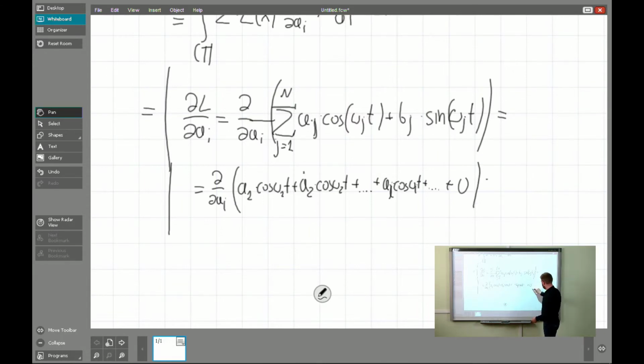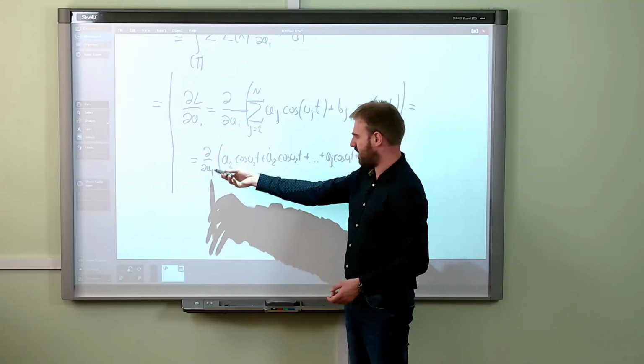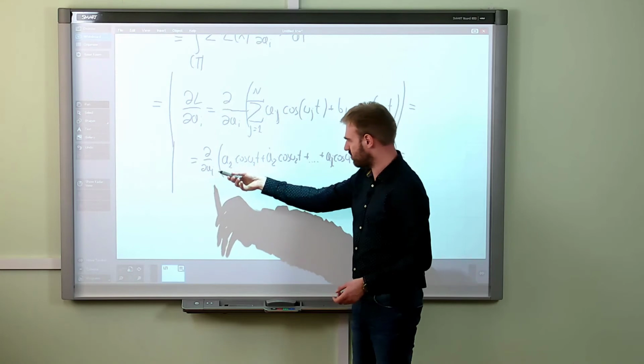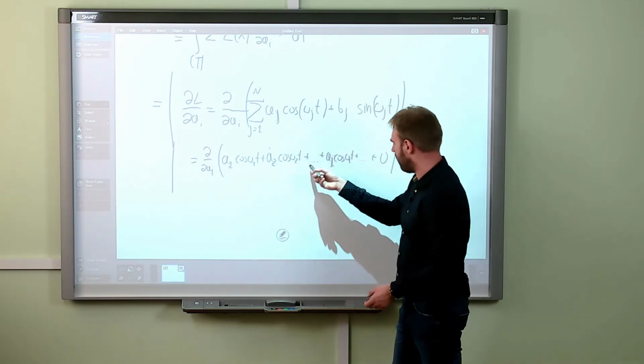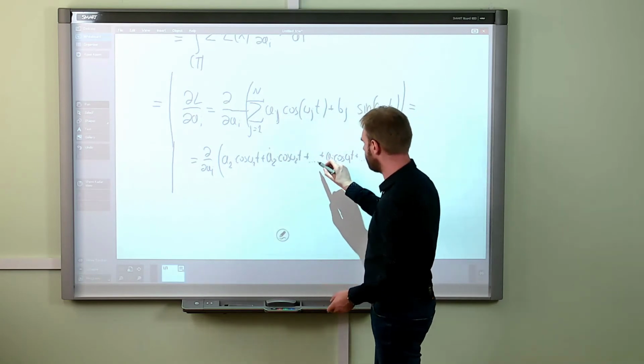How does it work? It's visible that if the derivative with respect to Ai acts on the A1 term, it will be 0. The same in that case. The same for those elements which are hidden under those multiple dots.